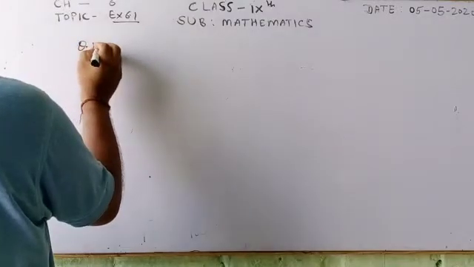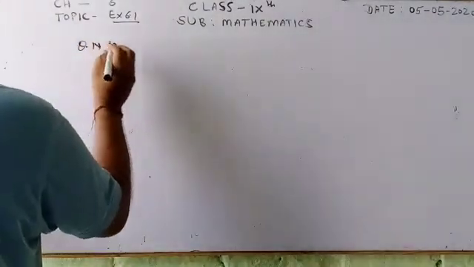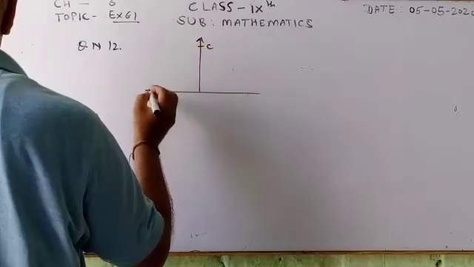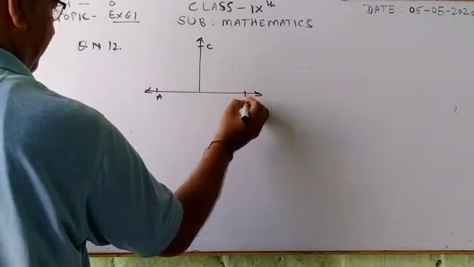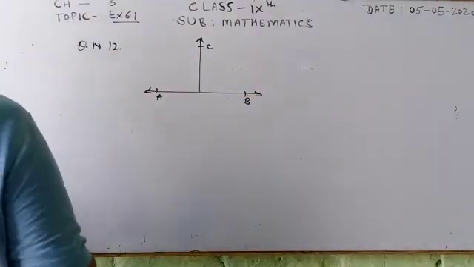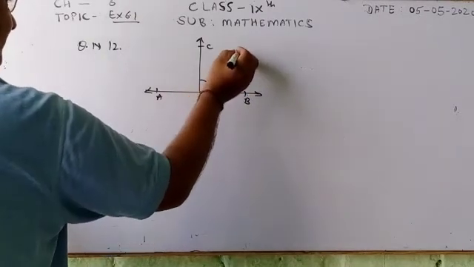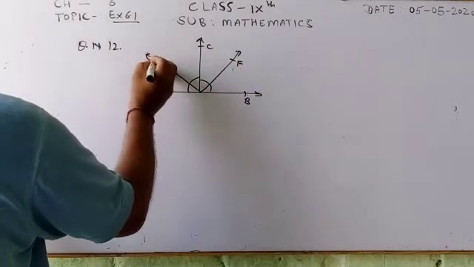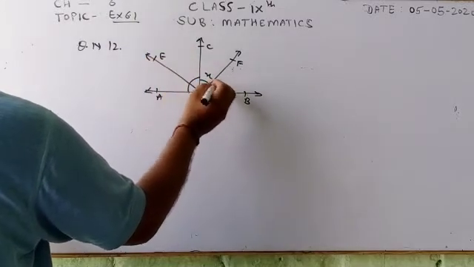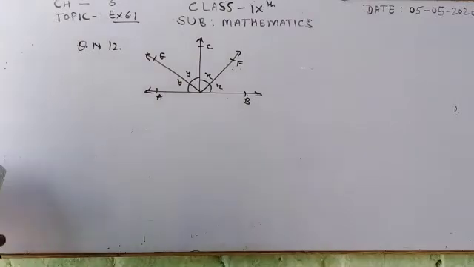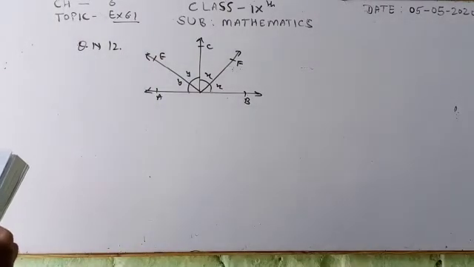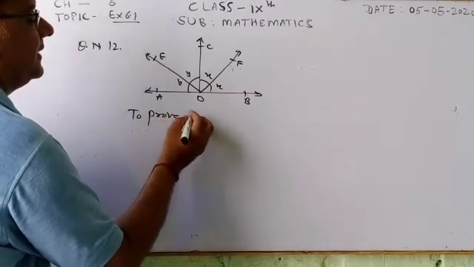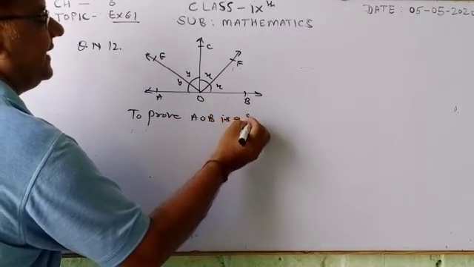We are taking question number 12. In the given figure, that is C, A and B, and these two bisect this angle. Let the ray bisecting this angle be F, and the ray bisecting this angle be E. So given x, x and y, y, to prove that AOB is a line, that AOB is a straight line.